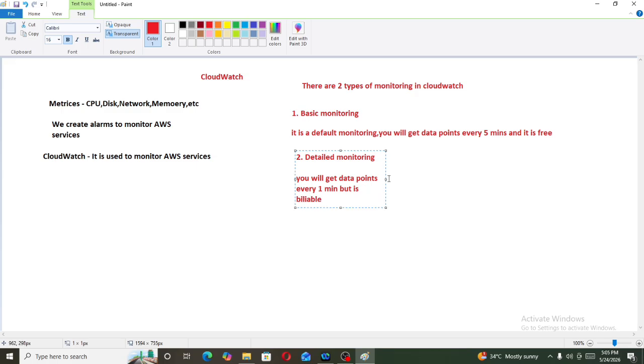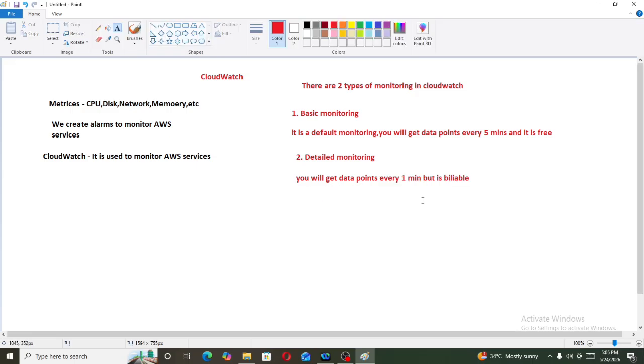So there are two types of monitoring in AWS. First is basic monitoring and second is detailed monitoring. In basic monitoring, it is default monitoring. You will get data points every 5 minutes and it is free. In detailed monitoring, you will get data points every 1 minute, but it is billable.